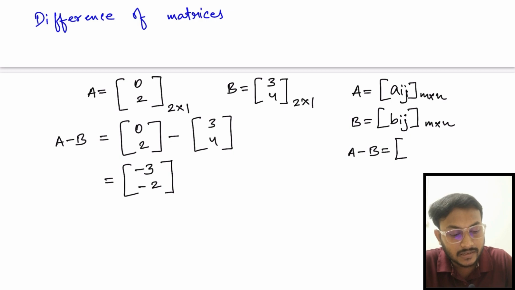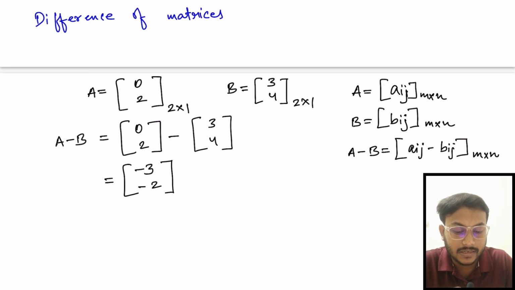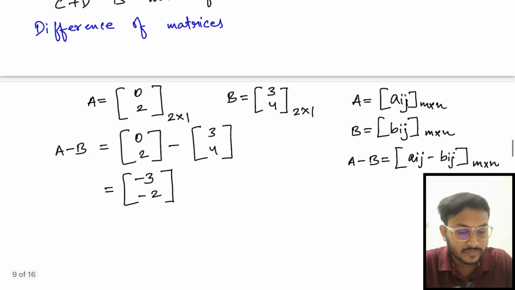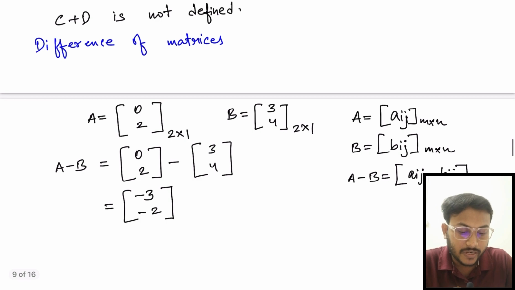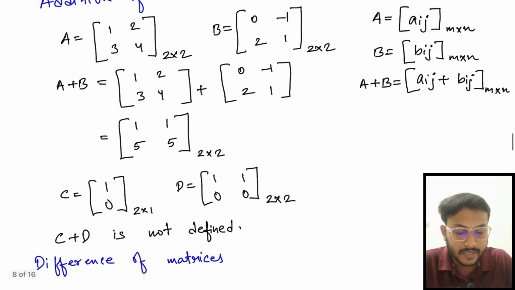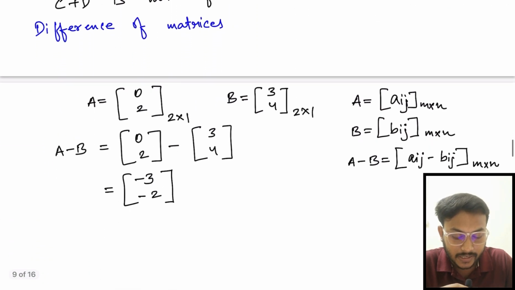A minus B is a matrix that we find by subtracting the corresponding elements of A and B. After subtracting the corresponding elements, the order of A minus B will be the same as A and B. The order will not change in addition of matrices or difference of matrices. So this is how you find addition and difference of matrices.